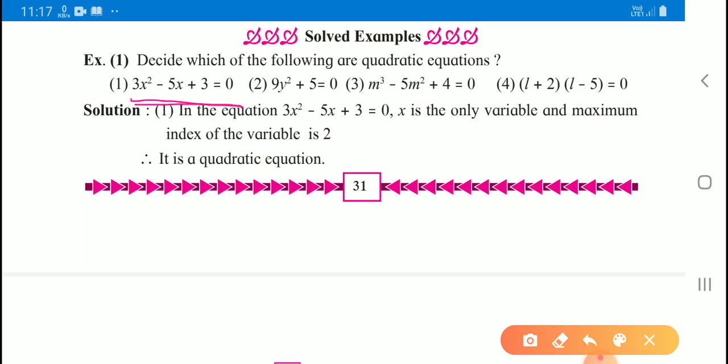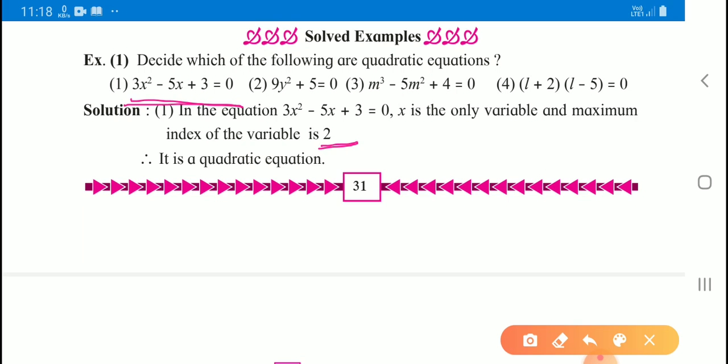Now you can see this equation is in the standard or general form of the quadratic equation, that is ax square plus bx plus c is equal to 0. x is the only variable here, everywhere the variable is the same, and the maximum index of the variable is 2. That's why it is a quadratic equation.